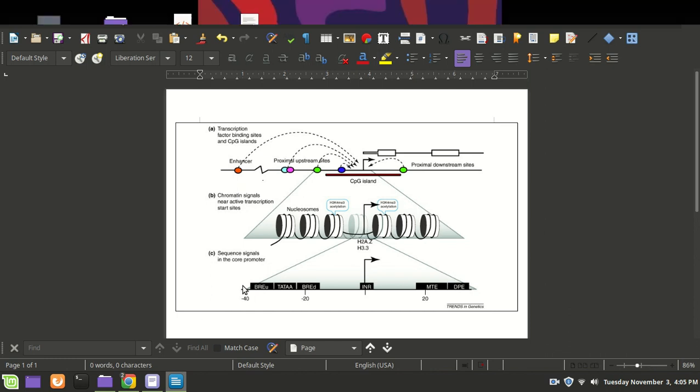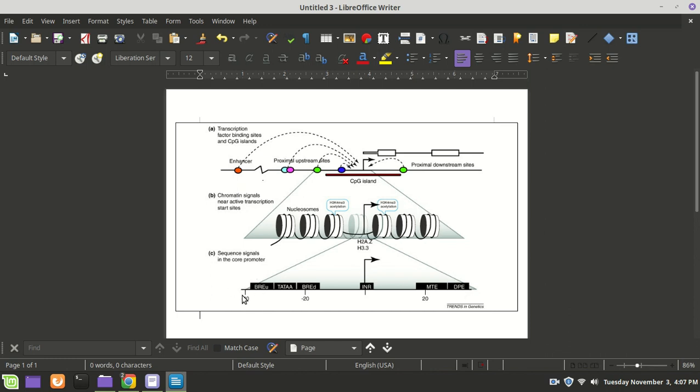As you can see here, that would bring the RNA polymerase to a new place. As this one is chemically attracted to this one, it brings the polymerase that originally bound here maybe further up than you saw here. And that would alter maybe where the transcription start site is. So that's kind of how that works.